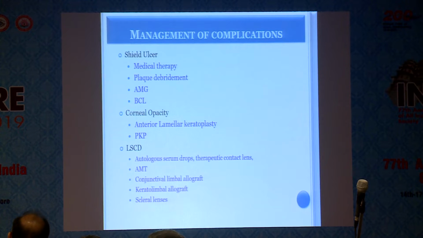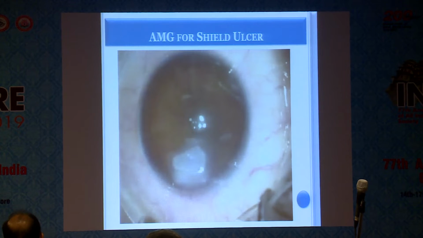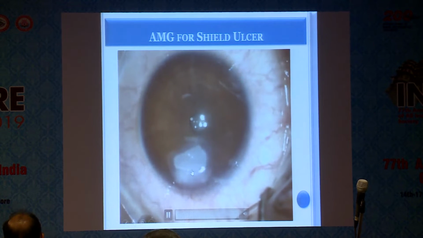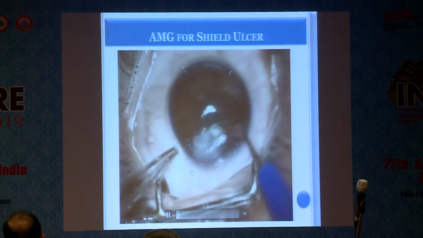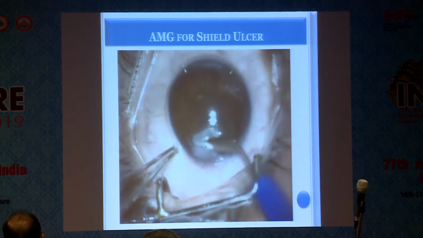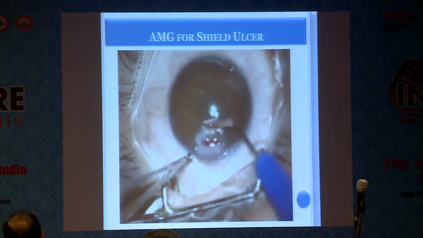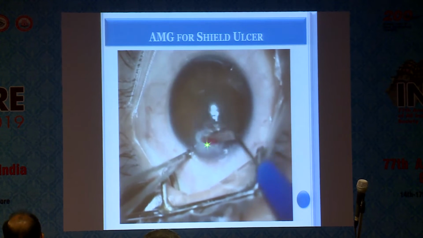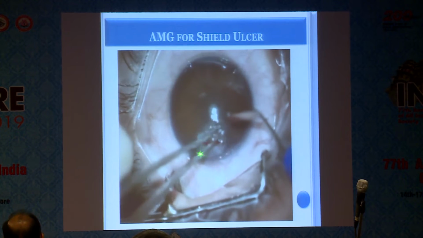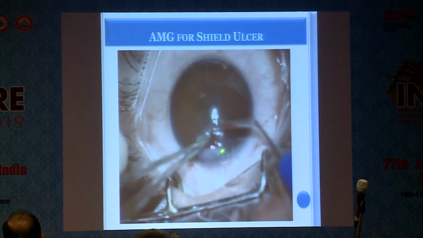Shield ulcer is another thing, as Dr. Quresh was also telling. Because of the mechanical rubbing, you can have a shield ulcer, and you can have a plaque over the shield ulcer. If that is the case, then it is not going to respond. So what you have to do is remove the plaque and then put an amniotic membrane over it.